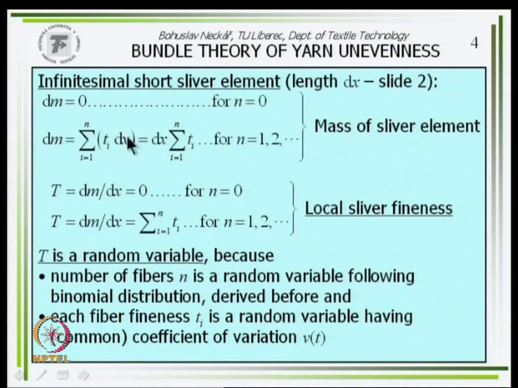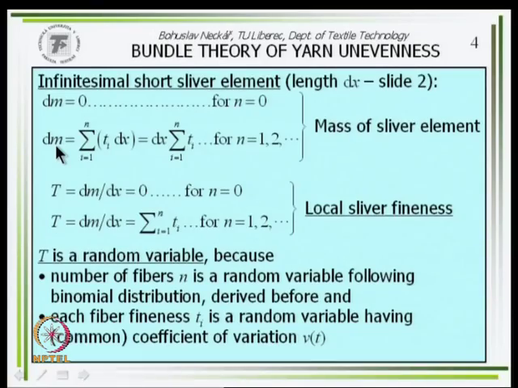If the number of covering fibers is equal to 0, then evidently the mass in our differentially small length is 0. When n is not 0, the mass dm from all elemental fiber parts in our elemental distance dx is: the mass per general fiber is Ti times length, so Ti times dx.